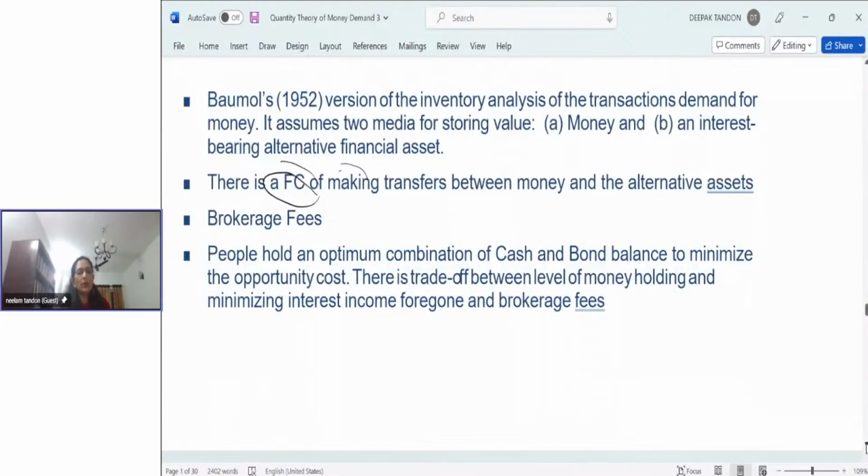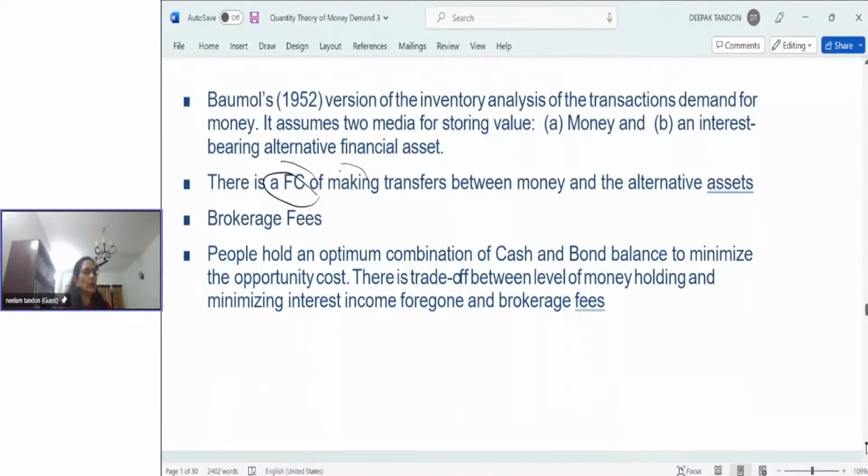The other is brokerage fees, which is the cost you incur because you go from cash to bonds. The more frequently you transit from cash to bond, the higher the brokerage fee you have to pay.